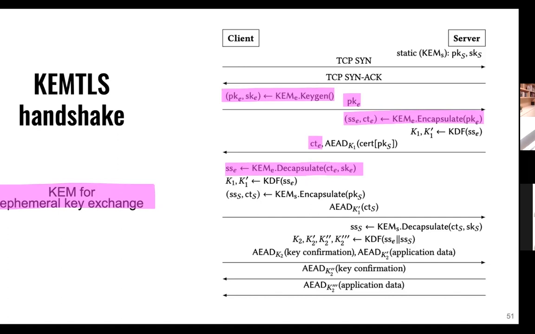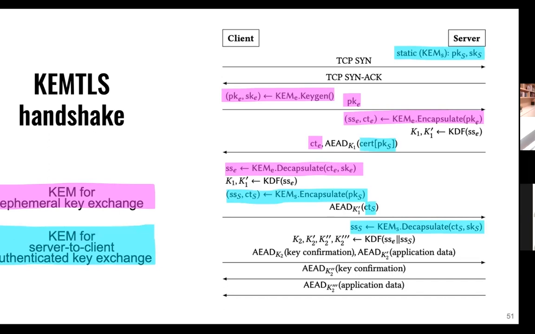So in this protocol diagram here, I'm showing you the server authenticated version. So in this case, server to client authentication will be based on a KEM rather than a signature scheme. So the server will have a long-term public key that is a KEM public key, and they will obtain a certificate from a certificate authority containing this KEM public key. Now, I should note that the certificate will still have signatures in it, because we still need the certificate authority to use a signature to sign the certificate.